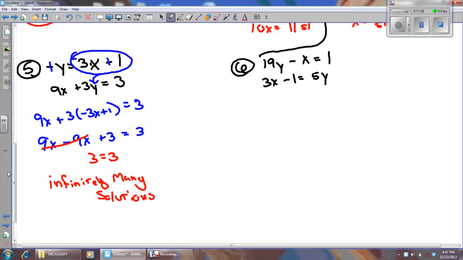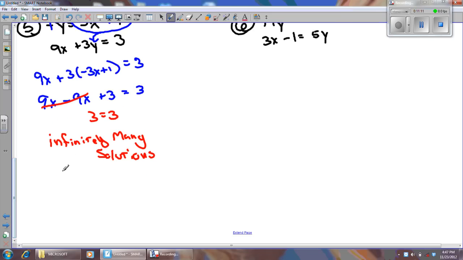Here, let me prove that to you for 1 second. I got y equals negative 3x plus 1 for the first equation, right? The slope is negative 3. The y-intercept is positive 1. Now in the second equation, we have 9x plus 3y equals 3.